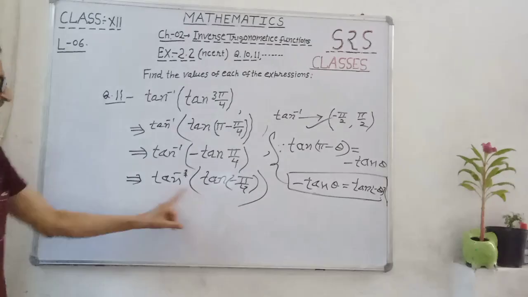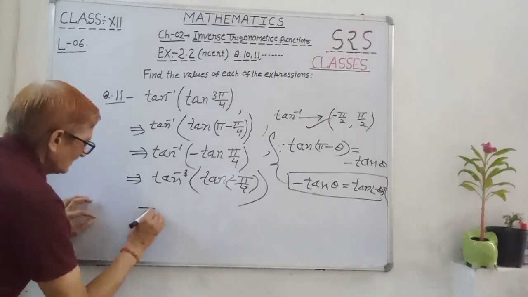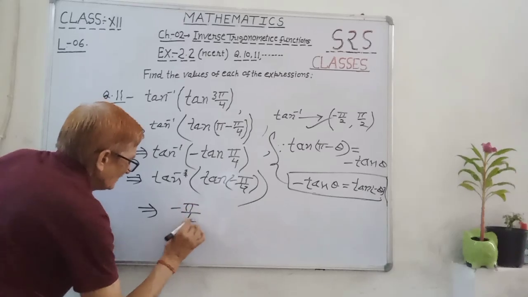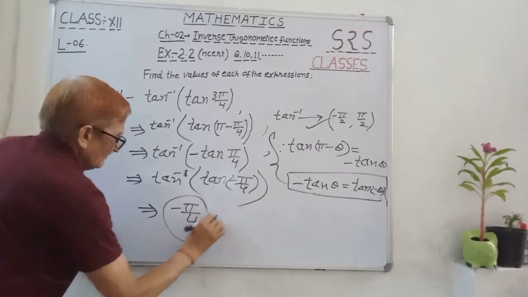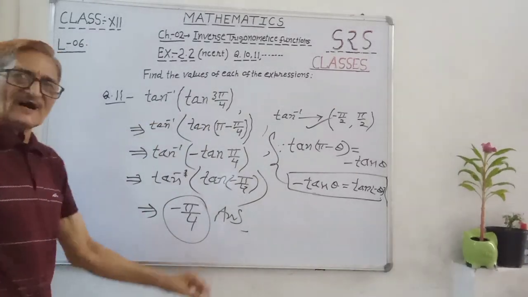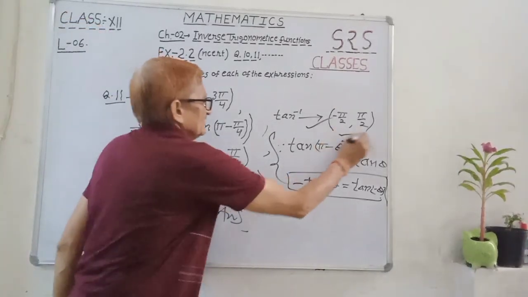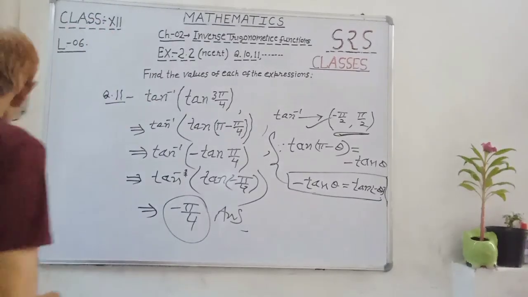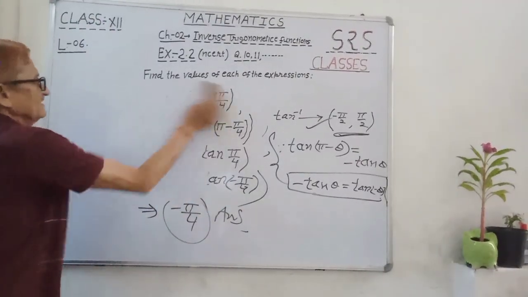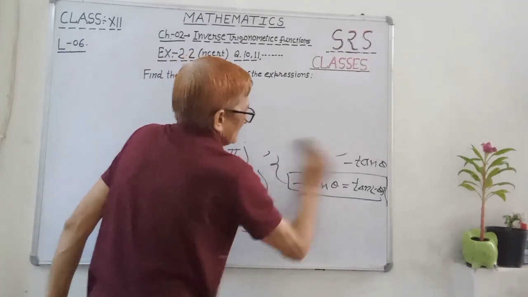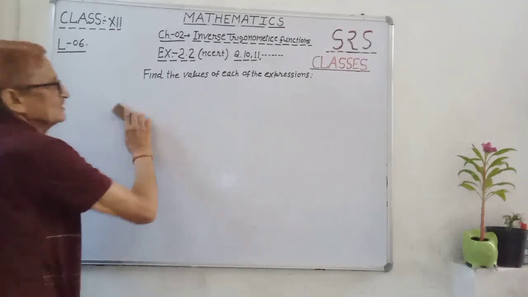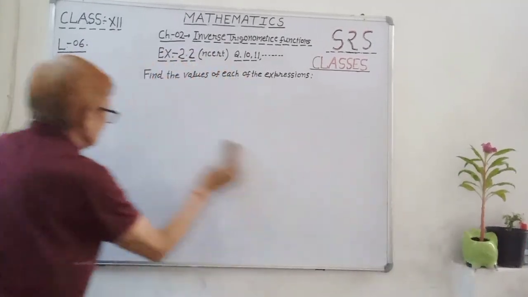Now this is in the branch, so by the property we can say minus pi by 4. This is the answer. The value of tan inverse tan 3 pi by 4 is minus pi by 4. When it is in the principal branch, then it is the answer. Every inverse trigonometric function output must be in the inverse branch. I told you this property.